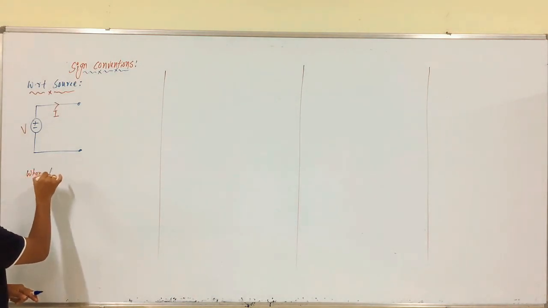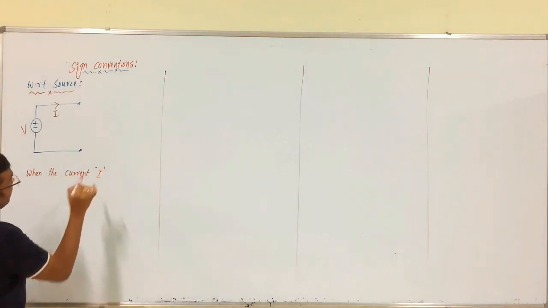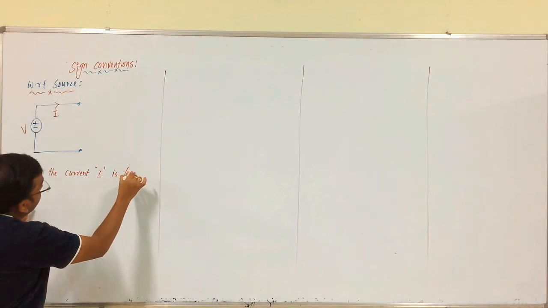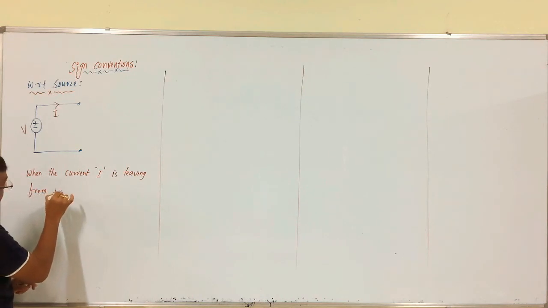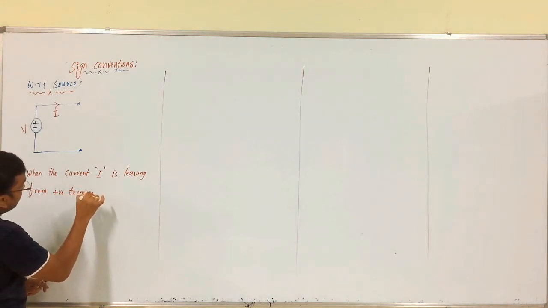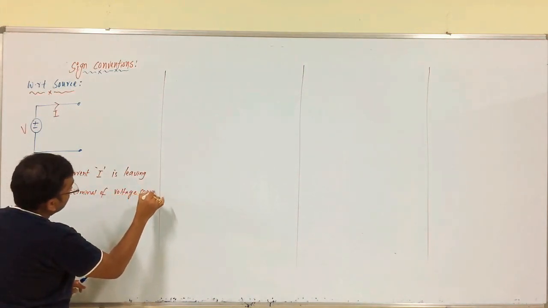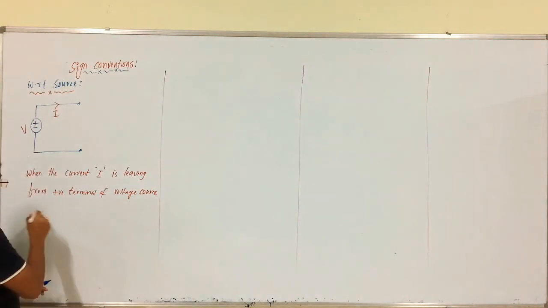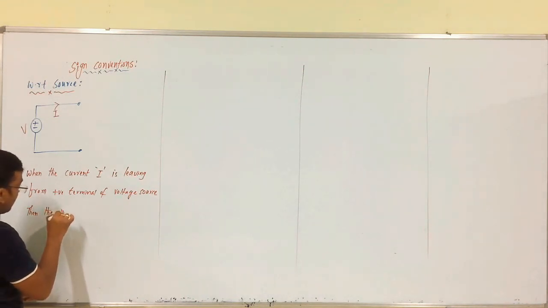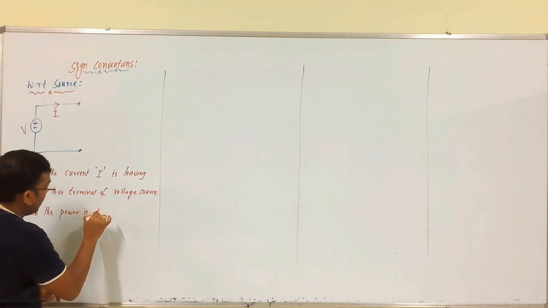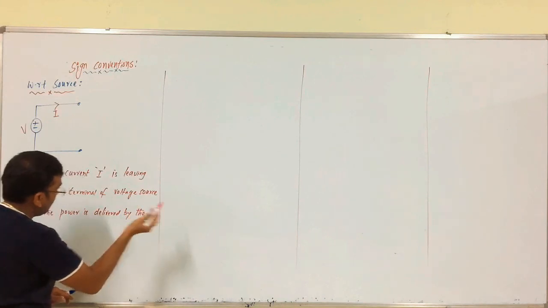When the current I is leaving from the positive terminal of the voltage source, then the power is delivered by the source.